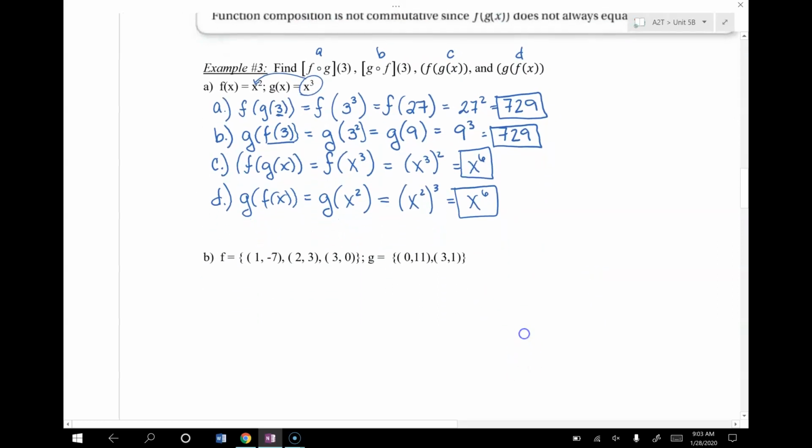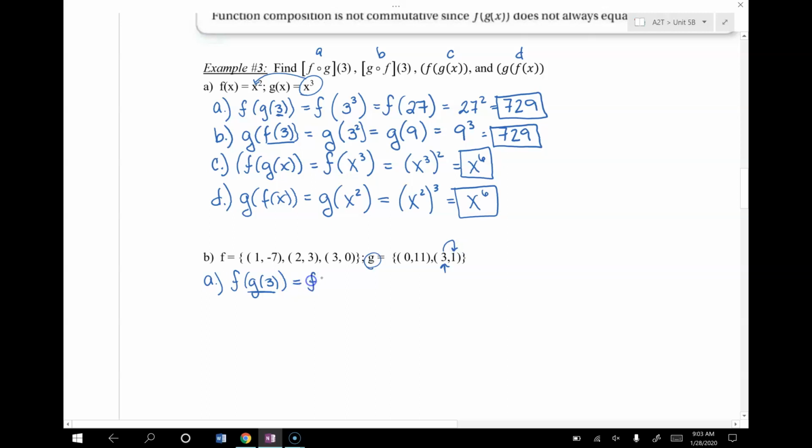All right. Okay, when you have a relation, a set of points, we're still going to find f of g of 3, okay? But it's a little bit easier. So f of g of 3, working from the inside out, I'm going to go to my g relation and see where 3 is. Oh, it's right there. 3 corresponds to 1. 1 is its output.